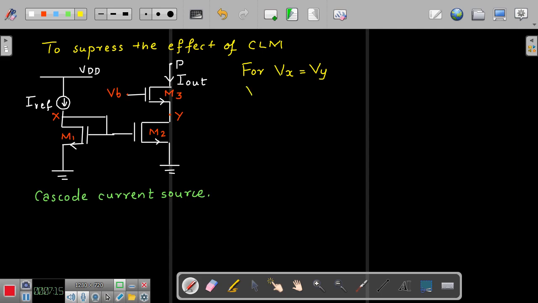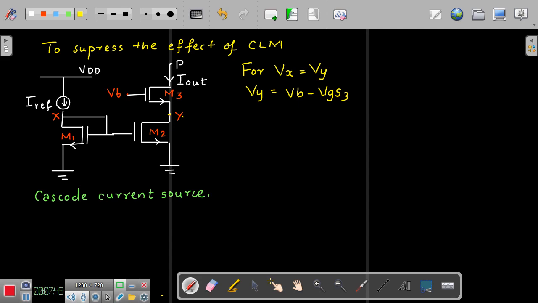So now I can write Vy is equal to Vb minus VGS3. Look at your circuit and your network theory concepts. This voltage Vy should be equal to Vb, this voltage, minus VGS3.